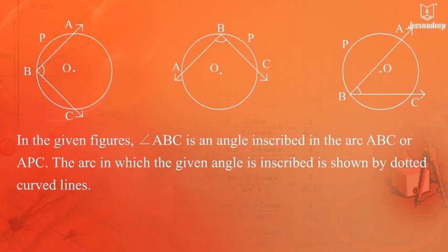In the given figures, angle ABC is an angle inscribed in the arc ABC or APC. The arc in which the given angle is inscribed is shown by dotted curved lines.